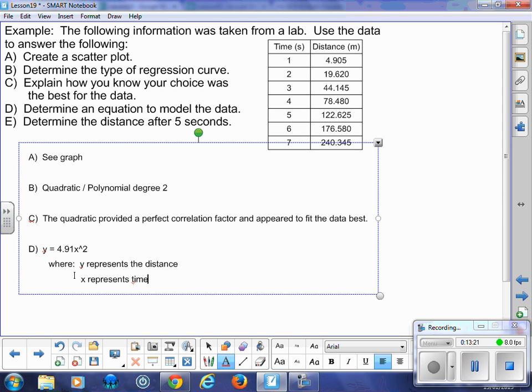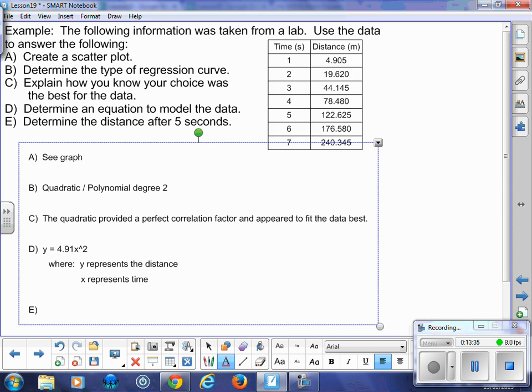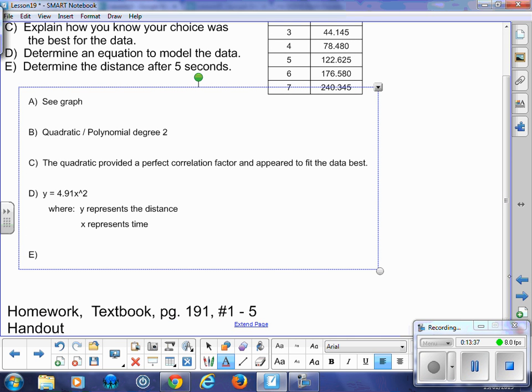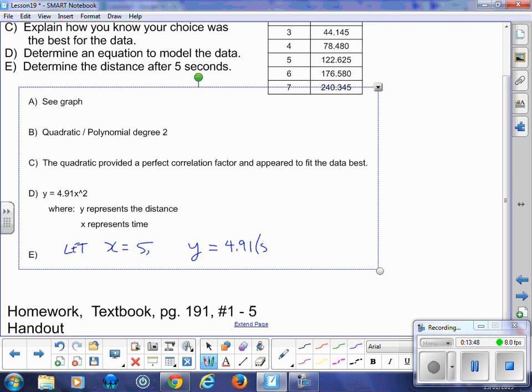All right. E, determine the distance after 5 seconds based on my information. I don't know why I'd pick 5 seconds. Oh, I know why, because it is in my chart. That's what I was thinking originally, but I want to see how close that model is. So if we let x equal 5 seconds, y equals 4.91 times 5 squared.